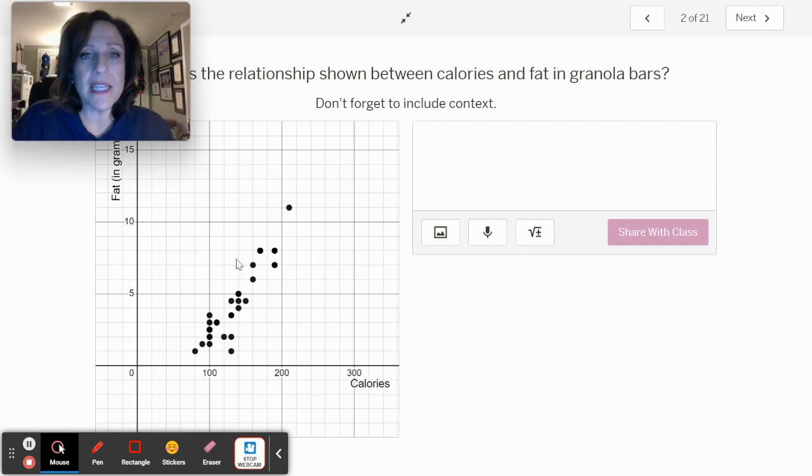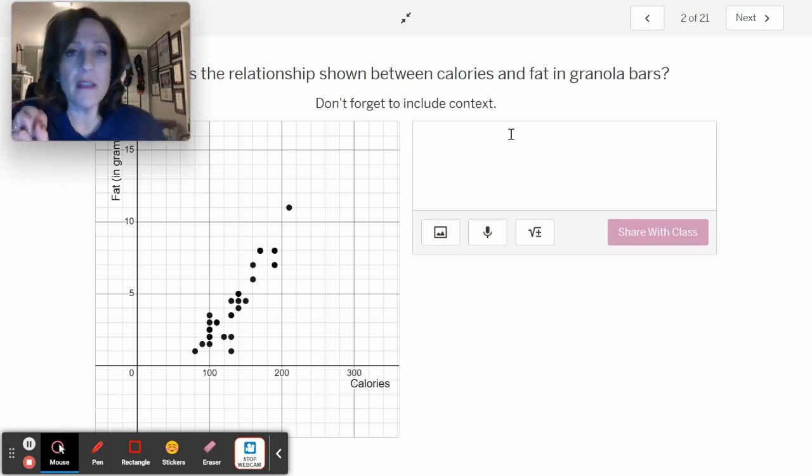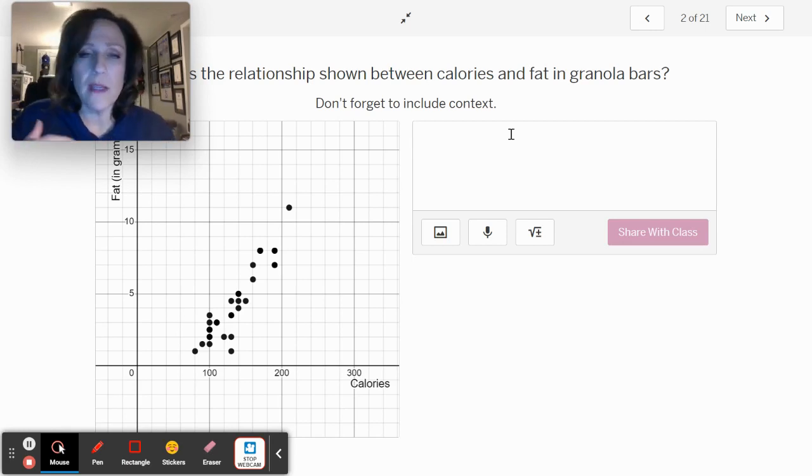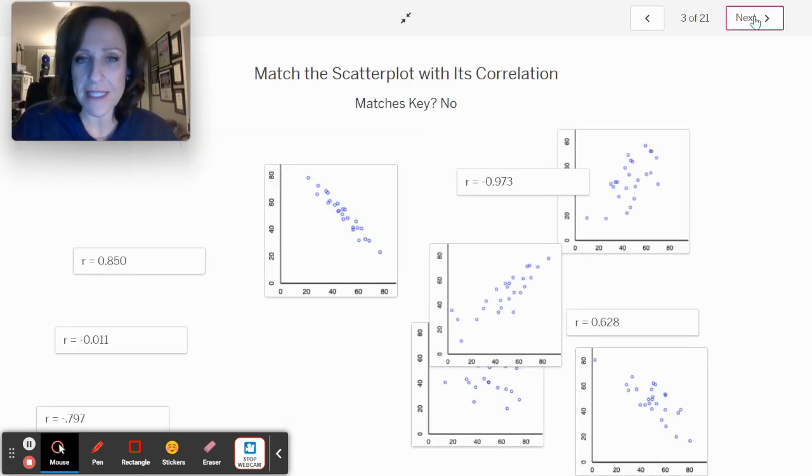You're asked here to describe the relationship: direction, strength, form. Are there any unusual features or outliers? At this point, you don't know about unusual features or outliers, so there are none of those. Okay, so you've got that in there with your context.